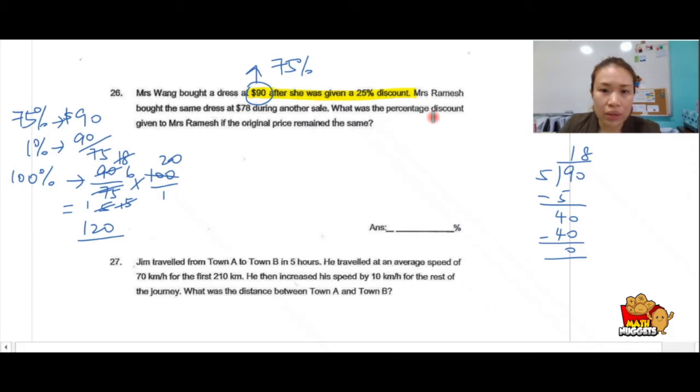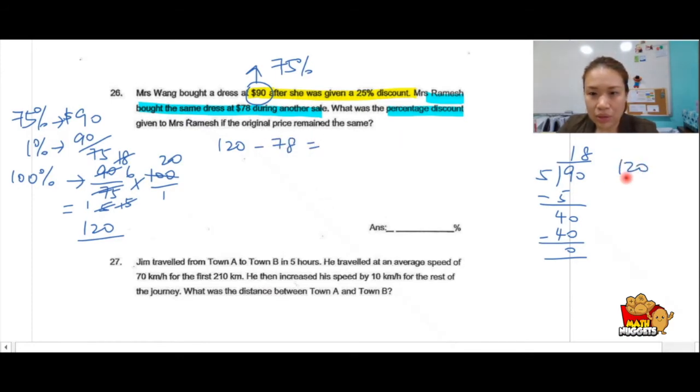So we also know that Mrs. Ramesh bought the same dress at $78 during another sale. We're trying to find the percentage discount. Now first let's find out the discount in dollars. If the original price is $120 and she paid $78, the discount in dollars would be $42.